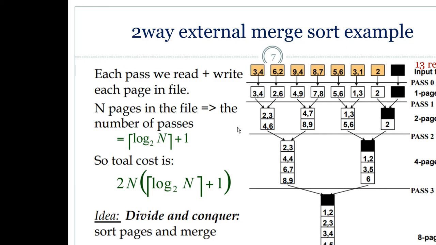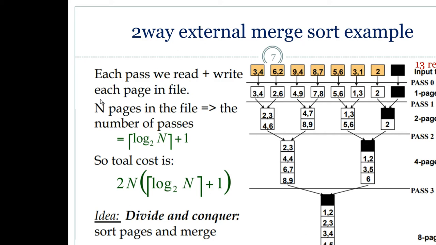So again we'll get these two runs as output of pass 3. In pass 4, these two runs will be considered for merging and this is the final output. Again I am mentioning that this final output is present on secondary memory. And that's why it is a two-way external merge sort algorithm.